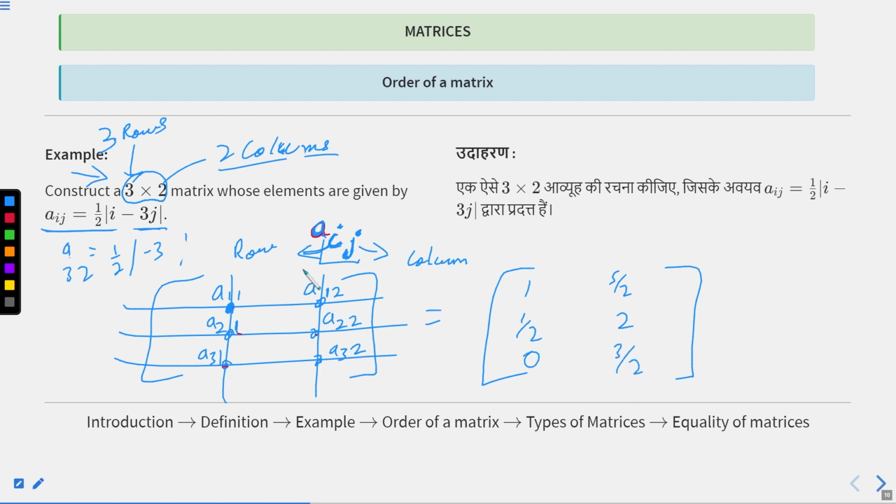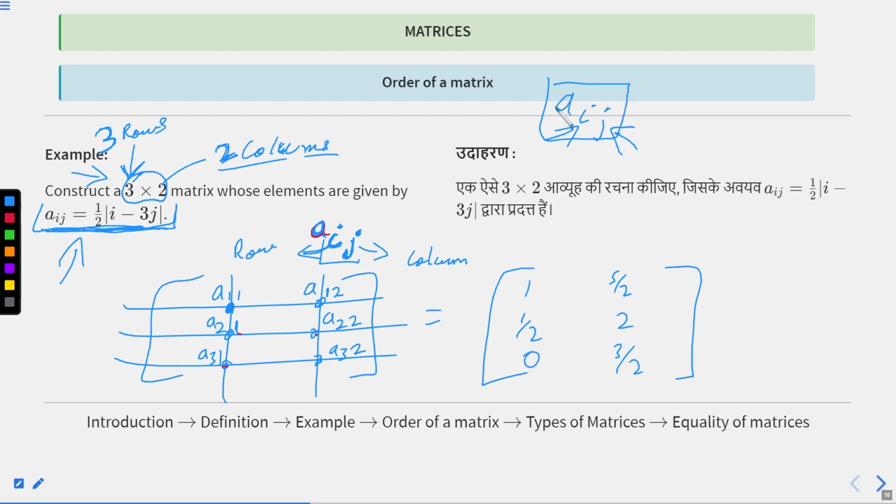Okay, I hope that it is quite clear what is happening now. We are already given how many rows and how many columns we will have, and how my entries will be looking like. This information is given by this thing. In general, Aij means the entry of the ith row and jth column position.